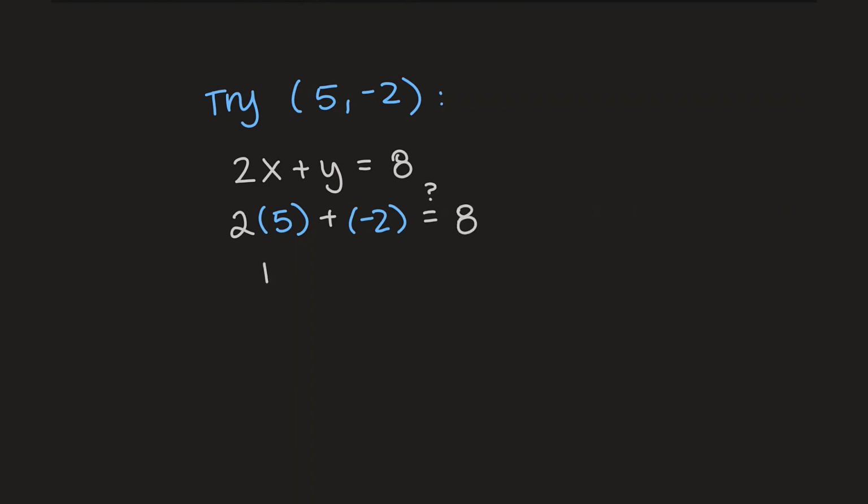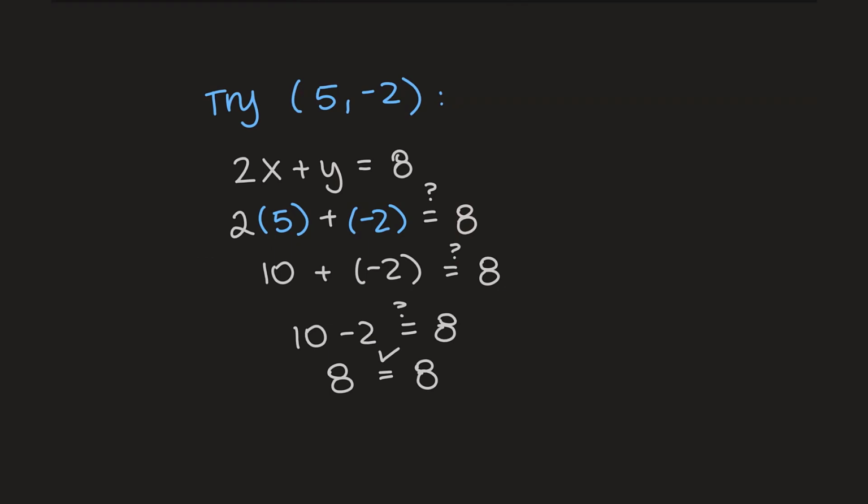Let's try (5, -2). So plugging in these values, we want to see if we get a true statement. Simplifying, we get 8 equals 8, which is also a true statement. Therefore, x equals 5 and y equals -2 is also a solution to this equation.